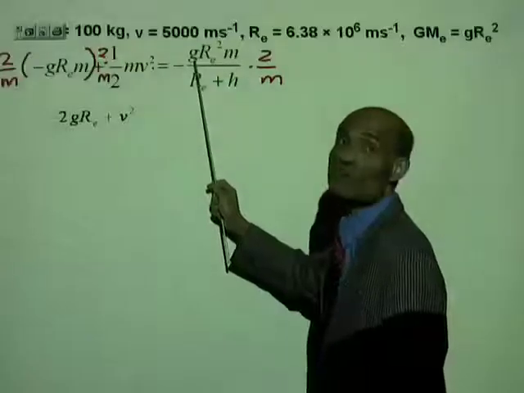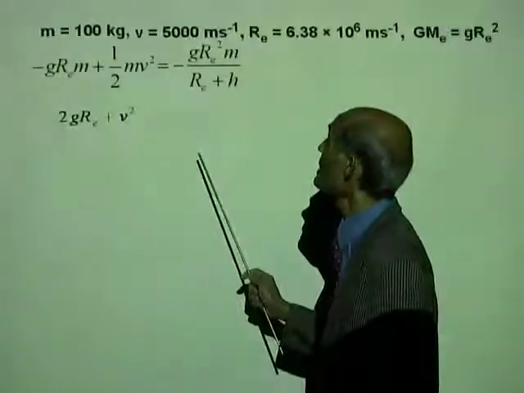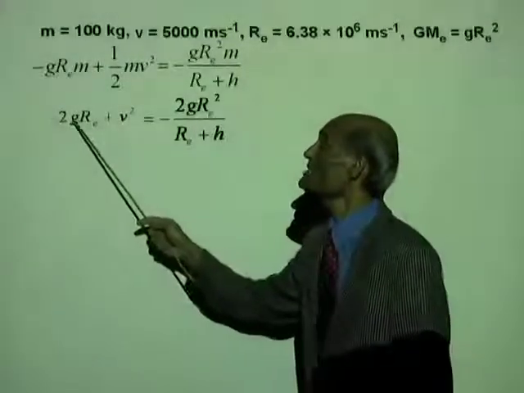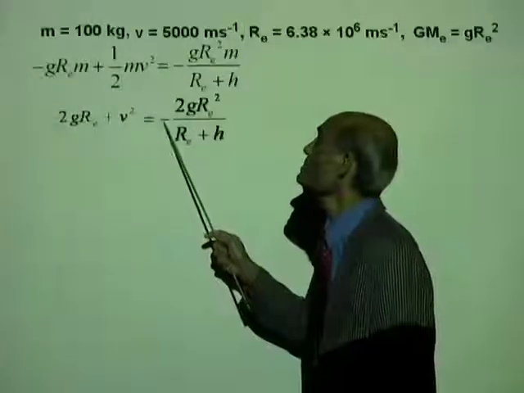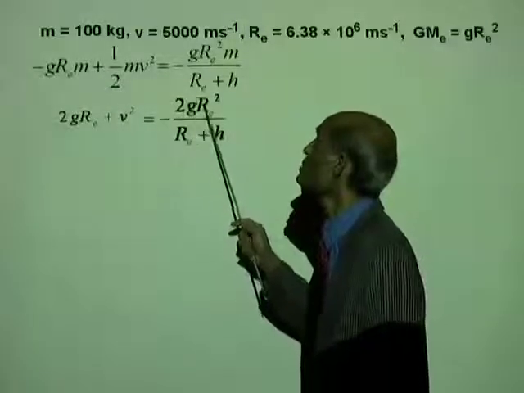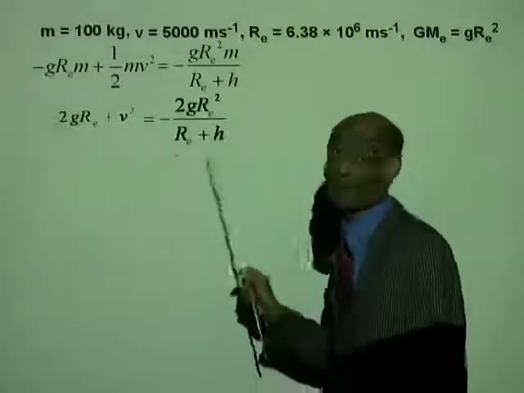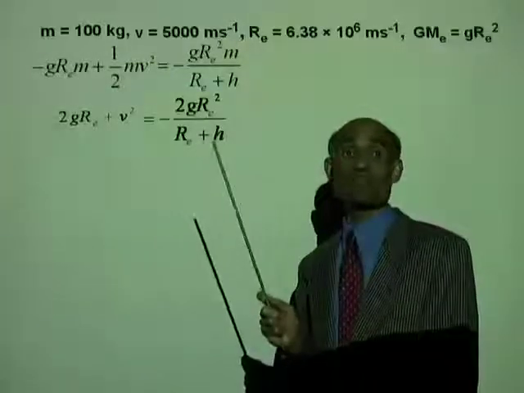The numerator will be 2 g RE squared and the denominator is RE plus h. So negative 2 g RE plus v squared equals negative 2 g RE squared over RE plus h. Remember again, we are looking for h. So what will be your next step?